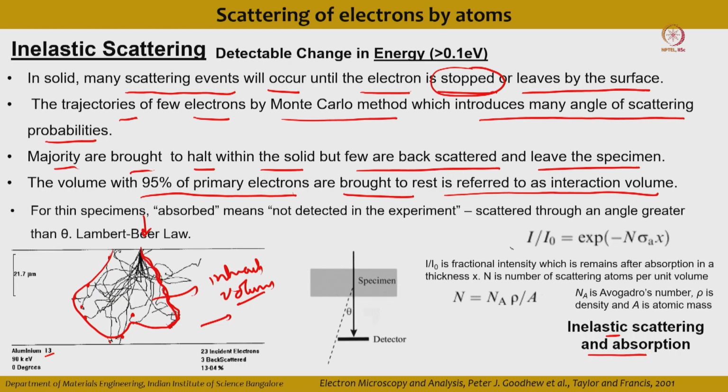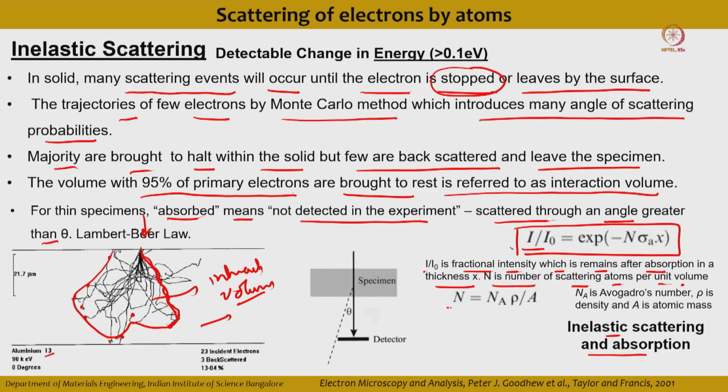For thin specimens, absorbed means not detected in the experiment, and these are scattered through an angle greater than theta. Here there is an equation called the Lambert-Beer law, where I upon I0 is the fractional intensity which remains after absorption in a thickness x, and n is the number of scattering atoms per unit volume.